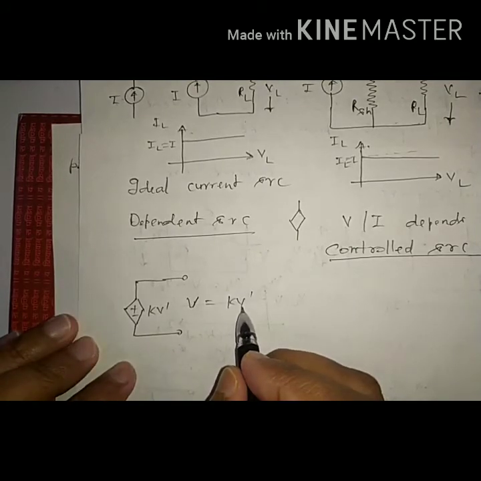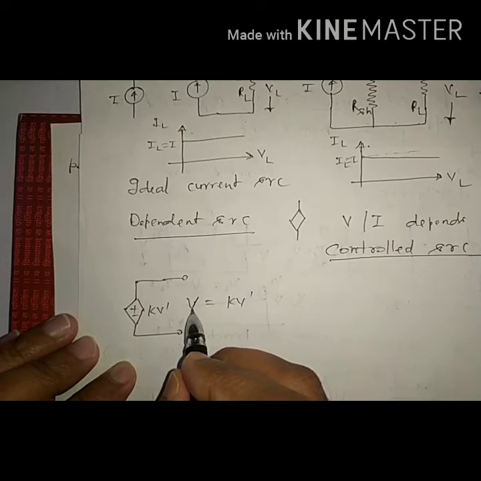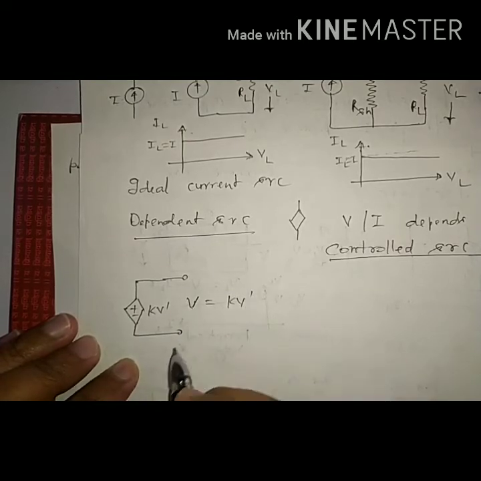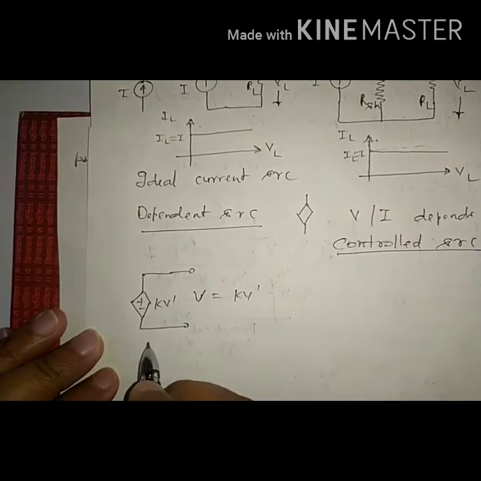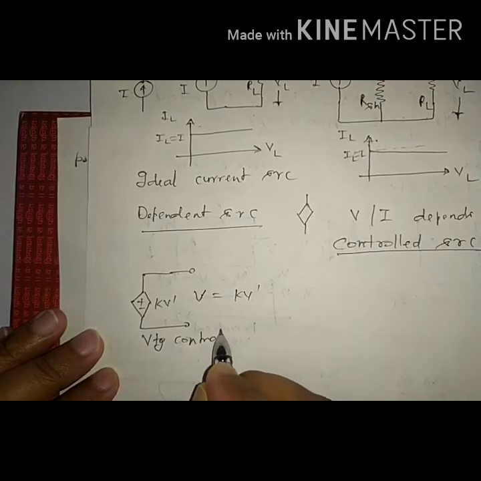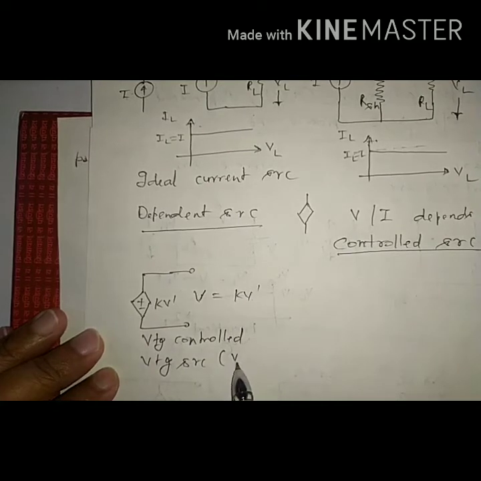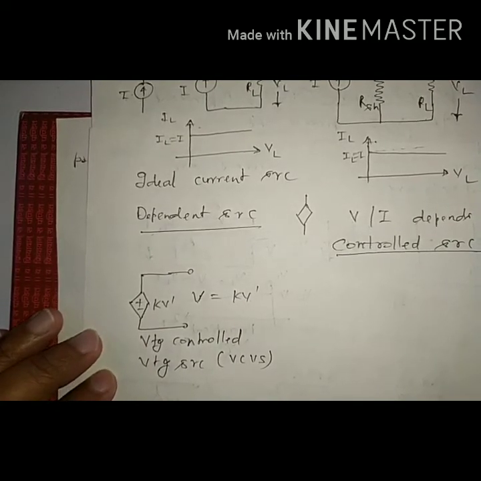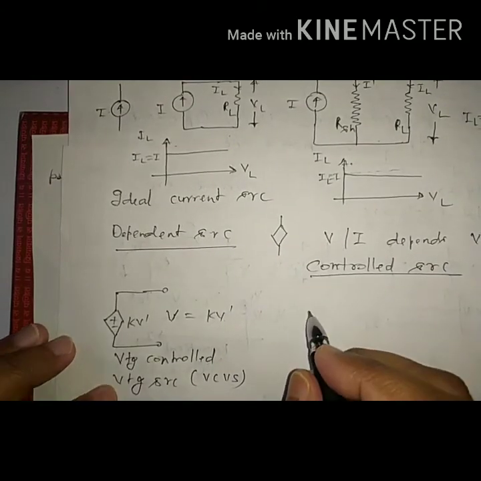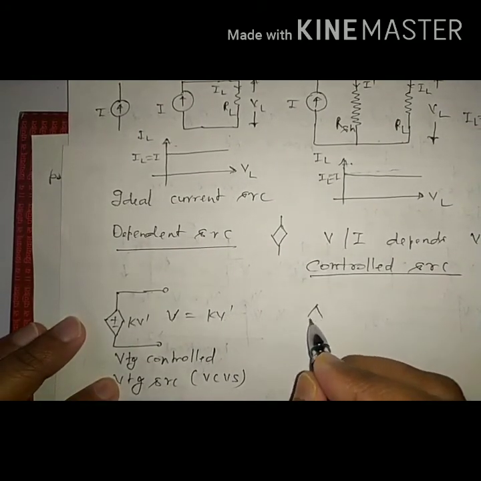Some voltage V dash present in the circuit is affecting this voltage, so this voltage depends on it. This type of source is called a voltage controlled voltage source, in short VCVS.